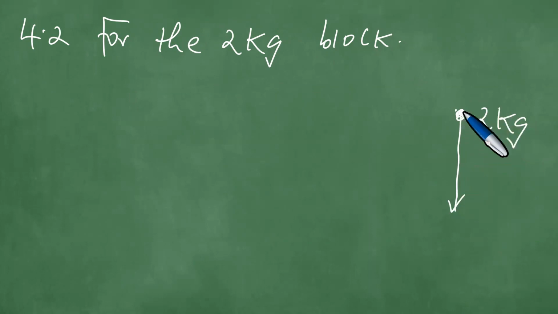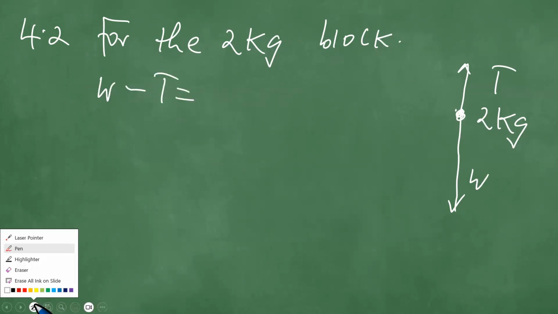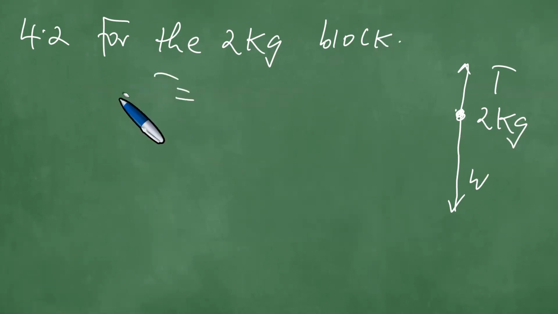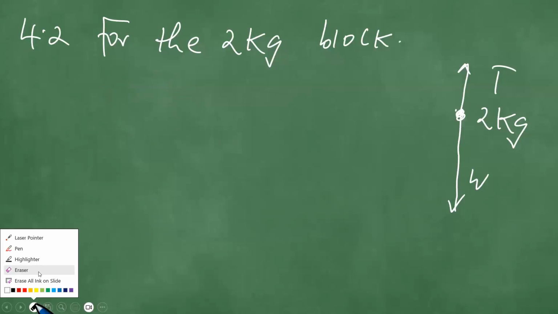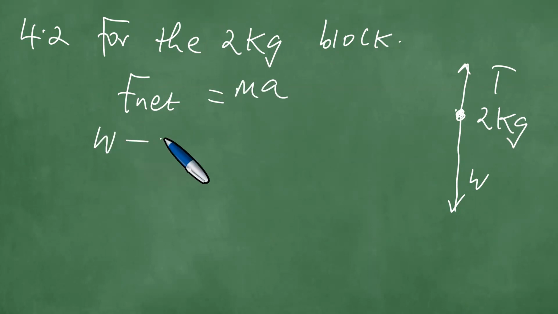Because it's heavier than the 1 kg, we expect the weight to be bigger, so you're going to have the weight minus the tension. F net is MA, which means W minus tension.